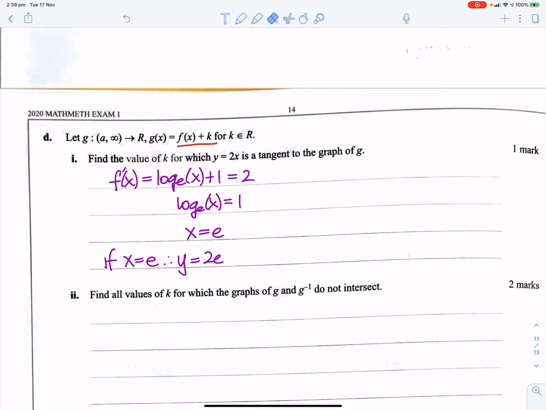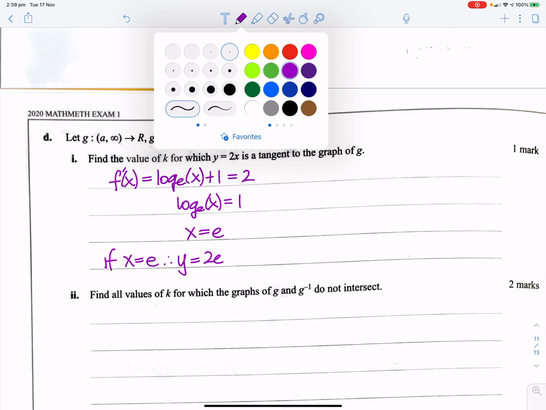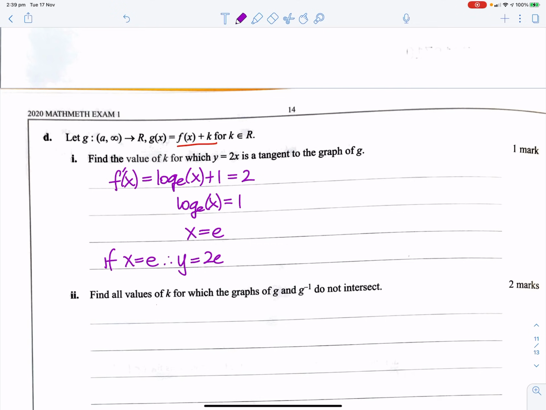Find the value of k for which y equals 2x is a tangent to the graph of g. We know that this graph here has to pass through e and 2e. So we can say x log e x plus k equals y.